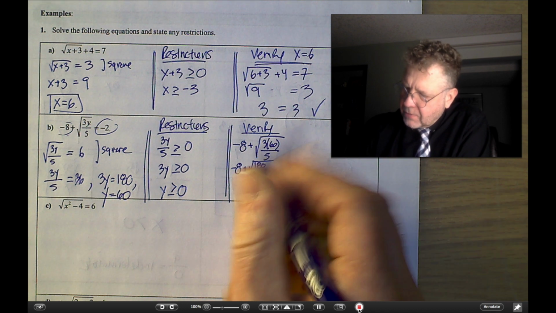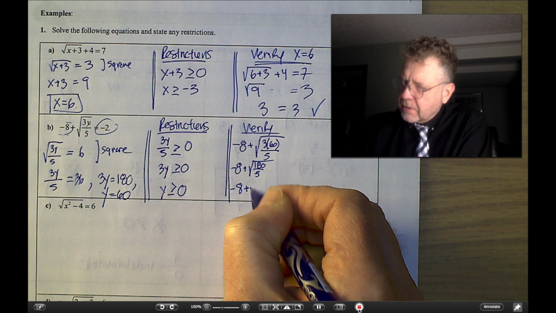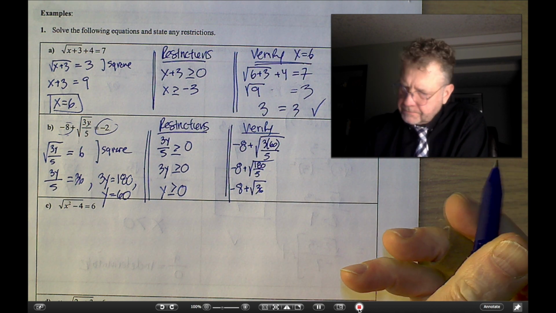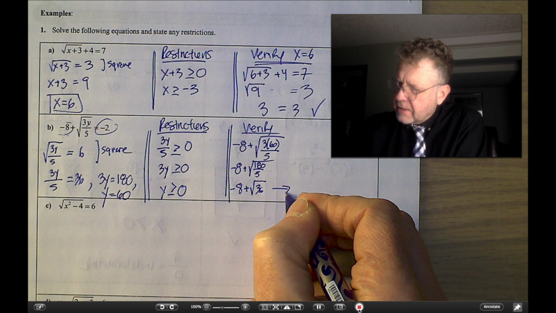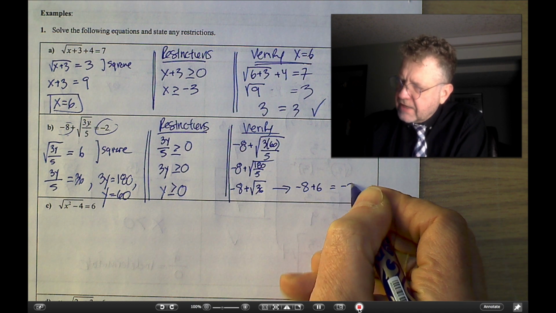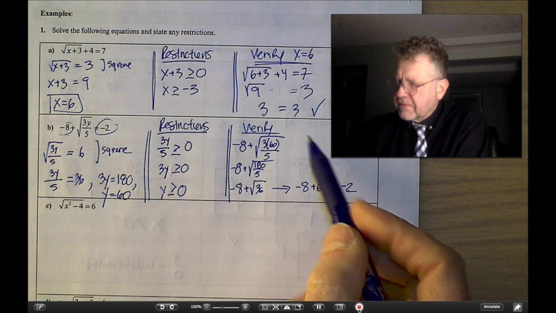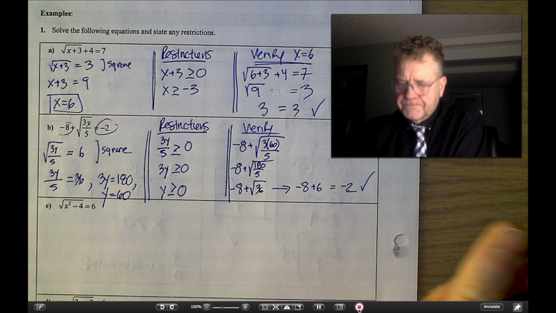Good. Well, this all turns out to be -8 plus the square root of 36. Cool. And what is this going to be equal to? Well, this is going to be -8 plus 6, which equals -2. And there's the right-hand side of the equation. So we've done the verification here. It works. We're good to go.